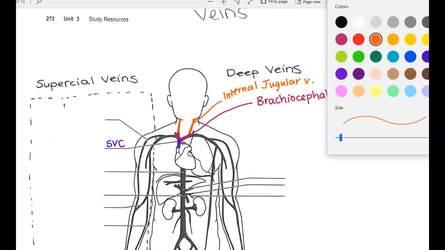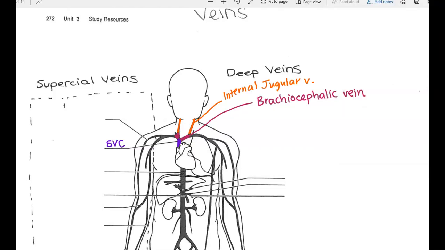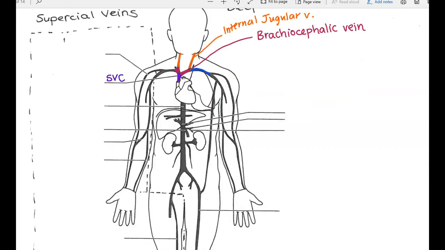And then extending into the upper extremity, we are going to have your subclavian vein. Subclavian vein. Of course, this one would be our left one.